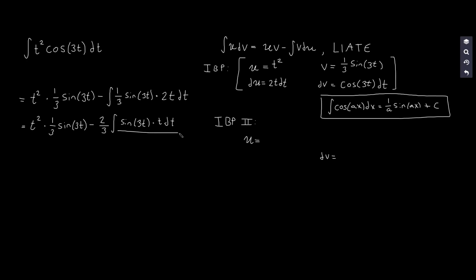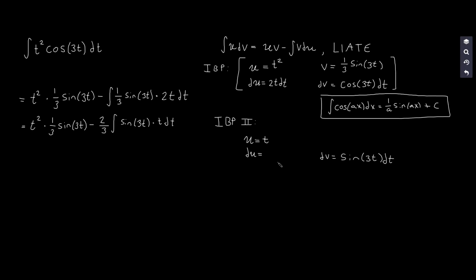When we look at our integral, we see a t, which is algebraic, and we see a sine of 3 times t, which is trigonometric. So u will be t, dv will be sine of 3t with respect to t. We'll go ahead with the derivative of u.